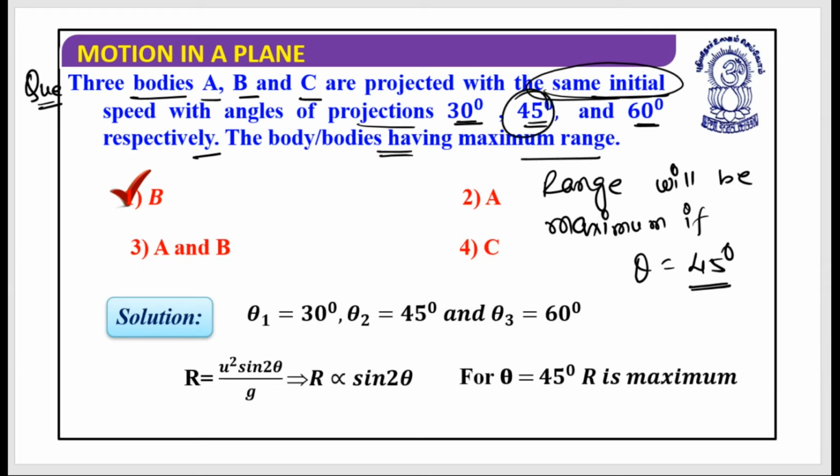So the object that has been thrown will have maximum range if it has been projected at 45 degrees with the horizontal. I hope these things are clear. Yes, so this is the answer.